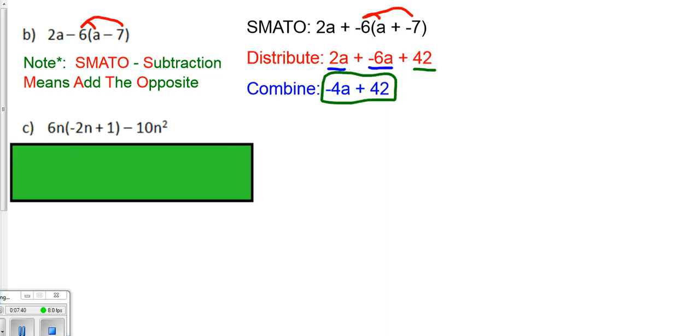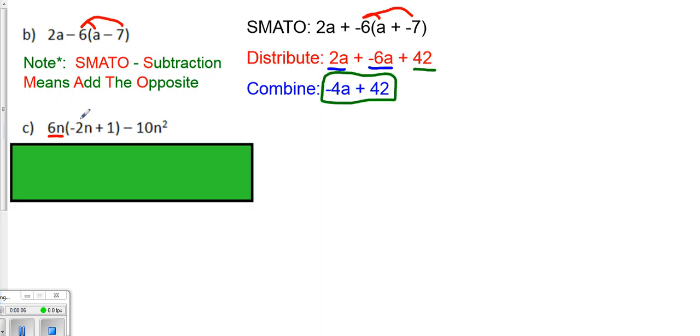All right, and we have one more example here, just taking our expressions. Now we have 6n being multiplied by this piece in the parentheses, negative 2n plus 1. At the end of all that, we're subtracting 10n squared. So, because it's 6n that's being multiplied by all of this, we need to think of that as one big factor on the outside.